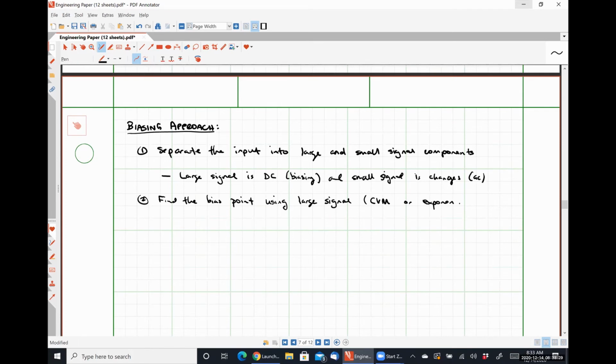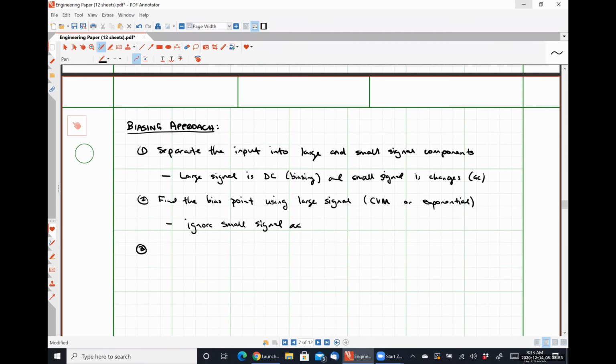So depending on the information that we're given, we need to make sure that we ignore small signal AC terms when we do this bias analysis.